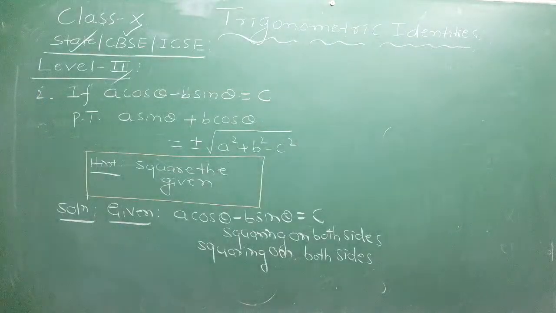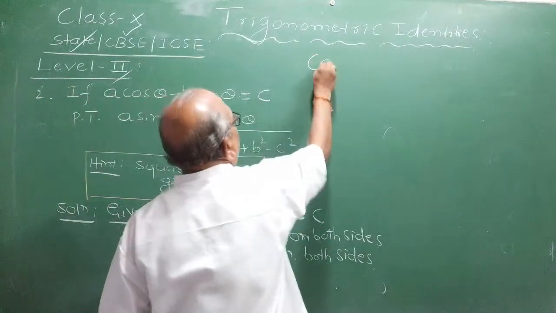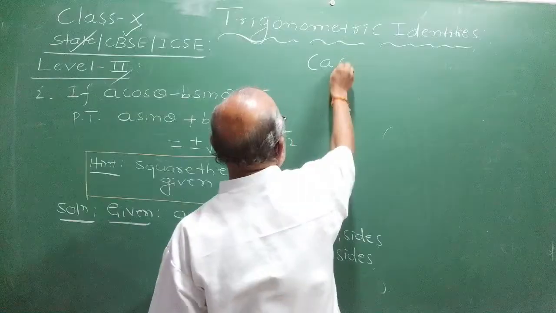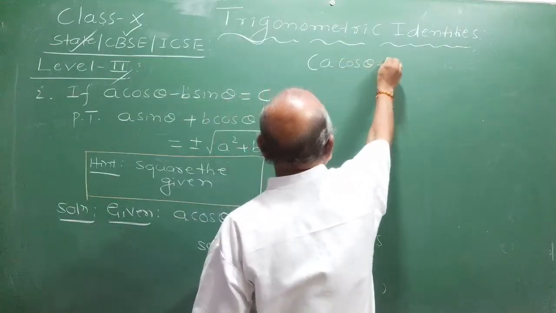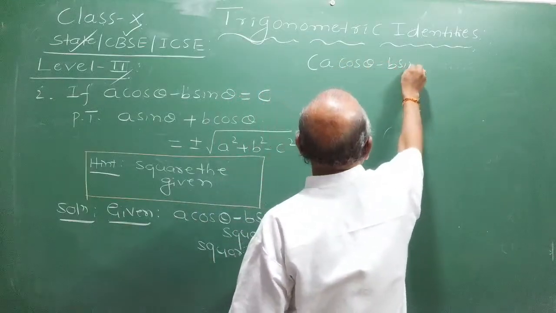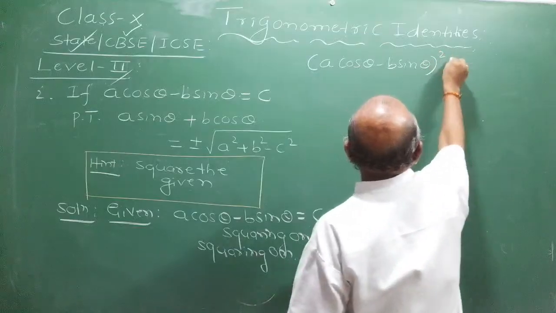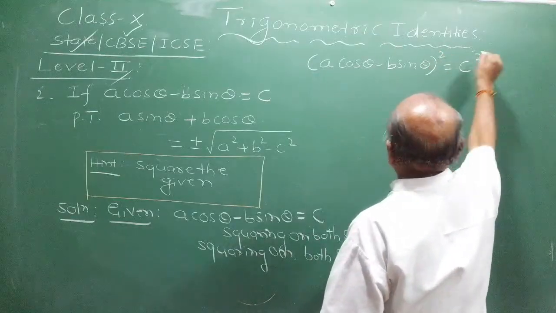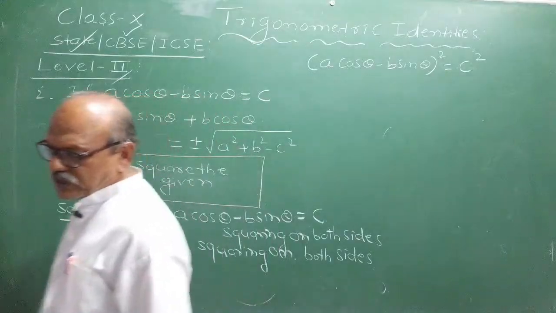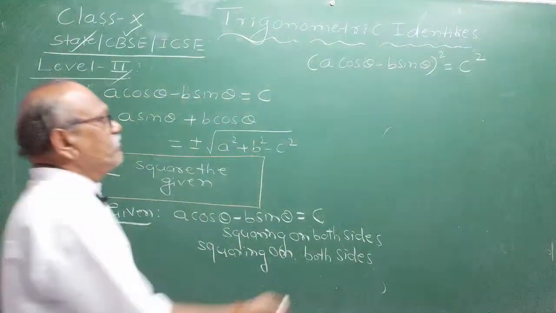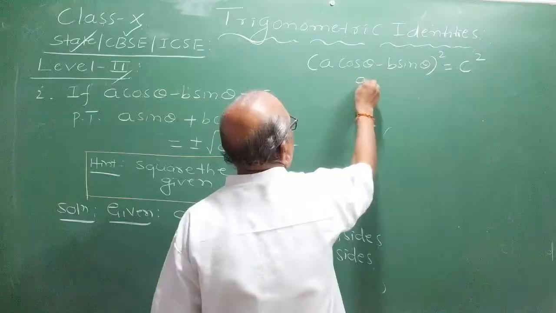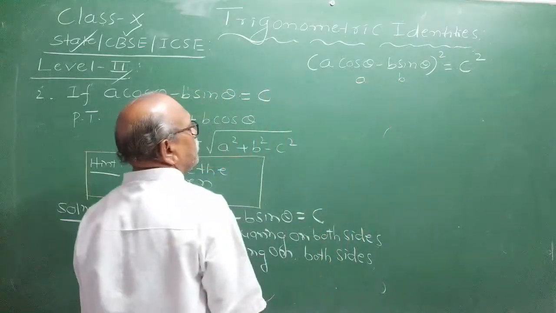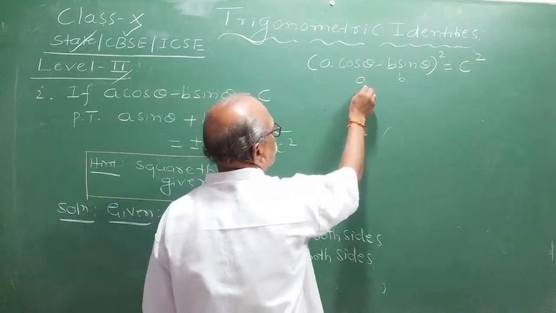Squaring on both sides, what you get is, let me write here, a cos theta minus b sin theta the whole square is equal to c square. Now expand it. It is in the form of a minus b whole square, which we studied in the previous problem. It is a square plus b square minus 2ab.